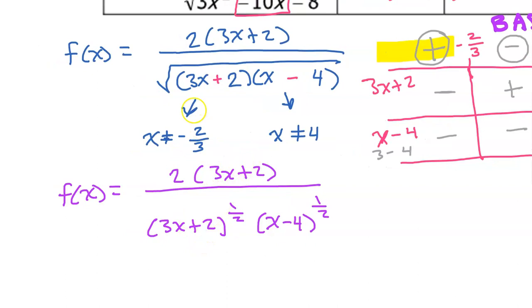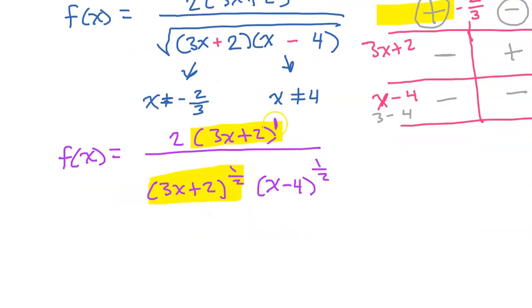Now I can deal with these common factors, because when you are dividing, you subtract the exponents. In the numerator, the exponent is 1. So I can divide these. I just need to subtract 1 minus 1/2, which will give me 1/2.